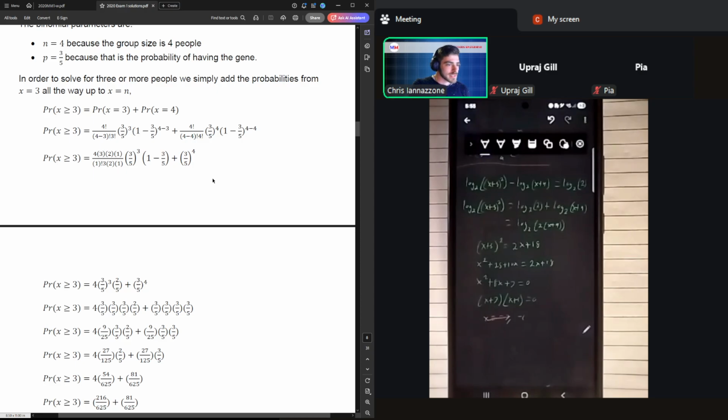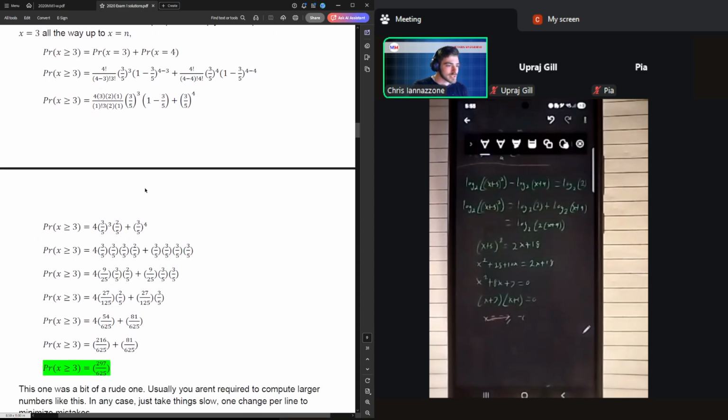This is, again, needlessly excessive simplification. You could probably just do 3/5 to the power of 3. You don't have to go and expand this out and then combine them in one at a time. This is ridiculous. You just do 3 cubed and then 5 cubed and call it a day for both of those.